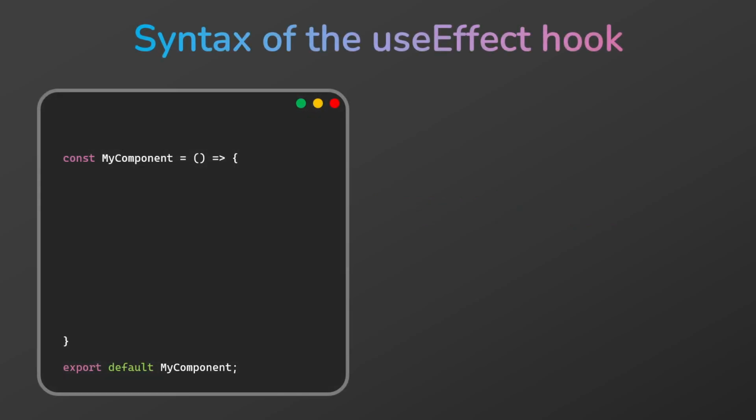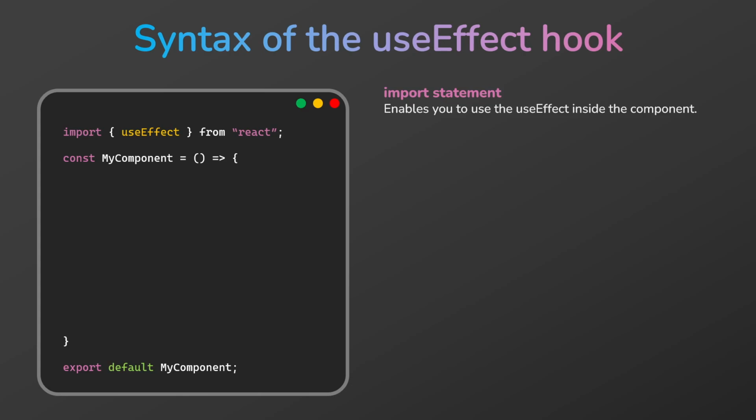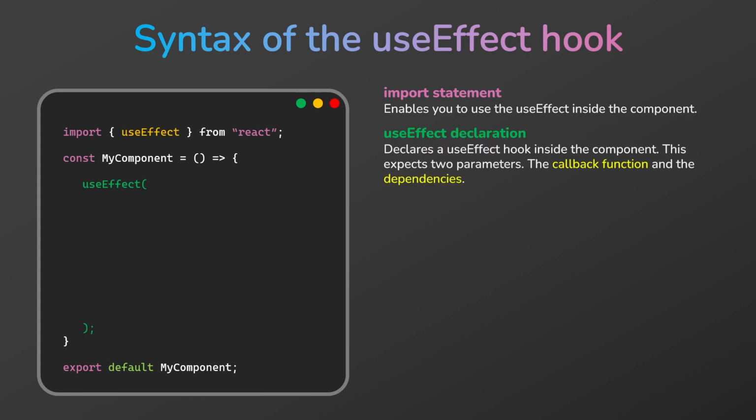Let's now focus on the syntax of the useEffect hook. First, we have the import statement, which enables you to use the useEffect hook inside the component. Then the useEffect declaration. This declares a useEffect hook inside the component and expects two parameters. The first is the callback function and the second is the dependencies.